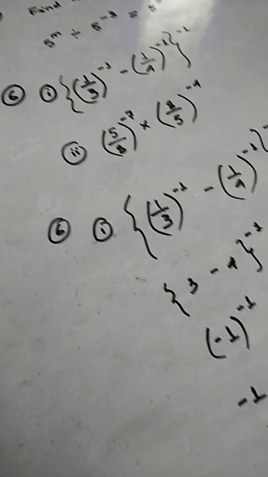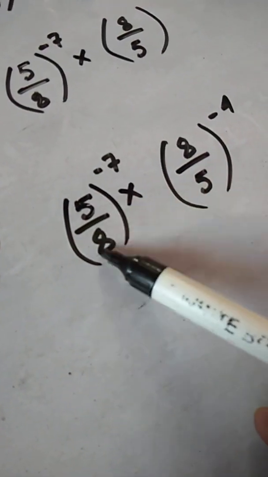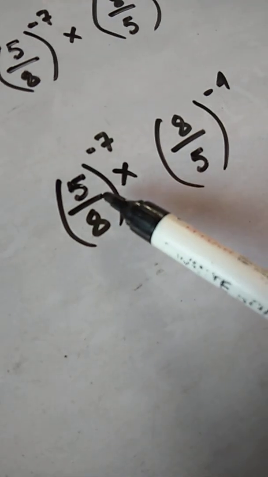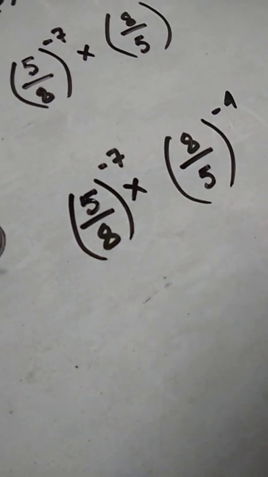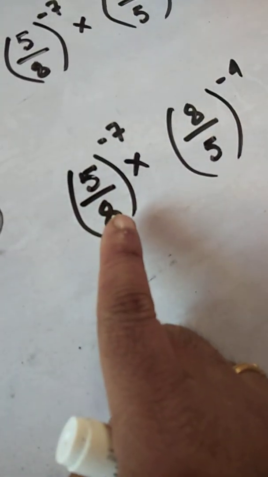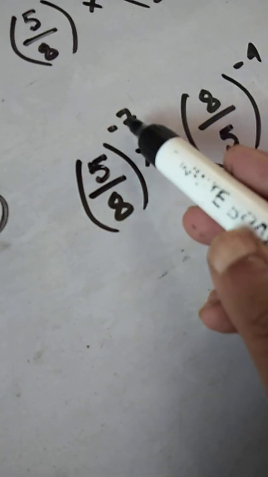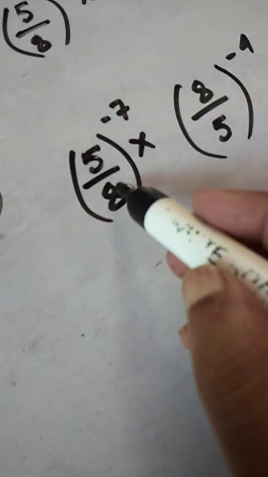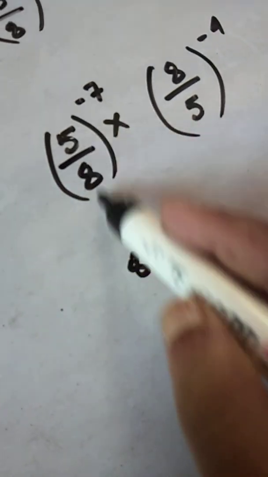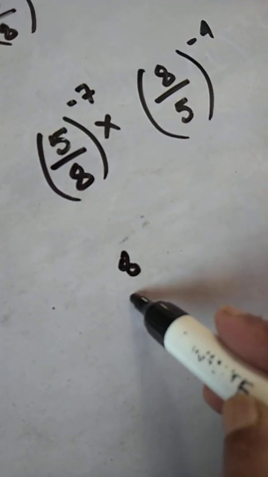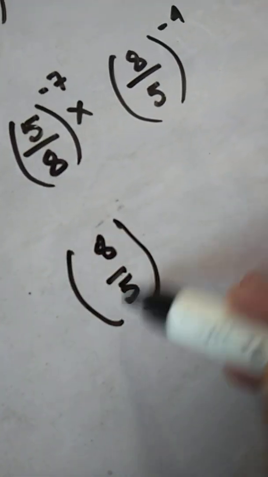Let's move on to sum number 2. Now you see, carefully observe 5 by 8 and 8 by 5. We can change the power of any one term. Suppose we make this power positive, so we have to take the reciprocal of this fraction, 5 by 8, and we'll keep the other term intact.